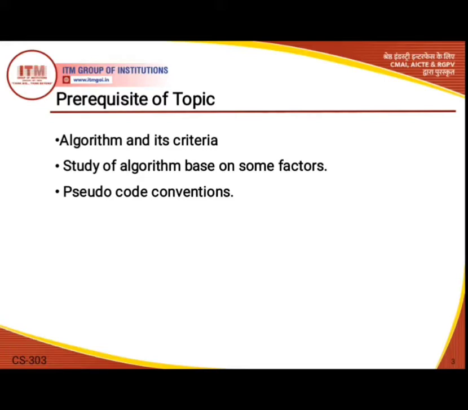And algorithms are generally created independent of underlying languages. For example, an algorithm can be implemented in more than one programming language.